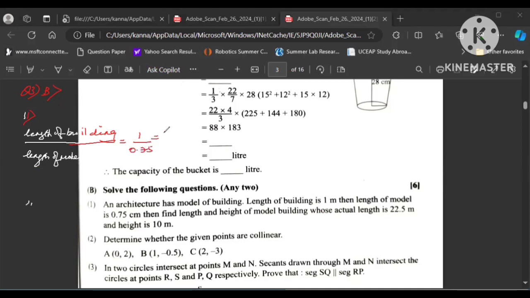So when you do it, this is 100 upon 75. This becomes, 25 fours are 100, 25 threes are 75, 4 upon 3.